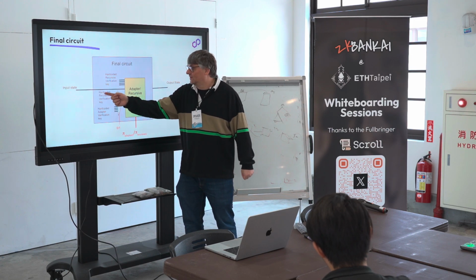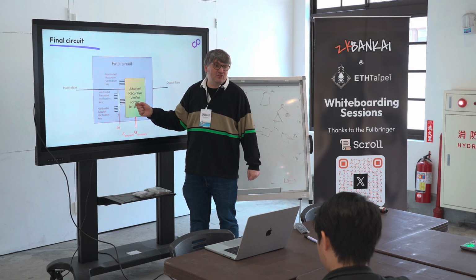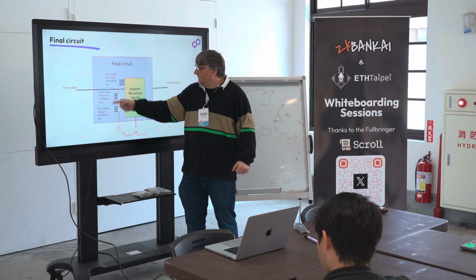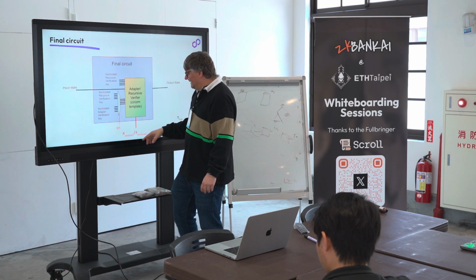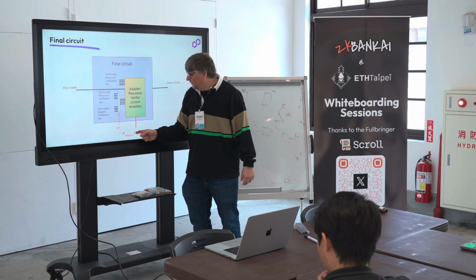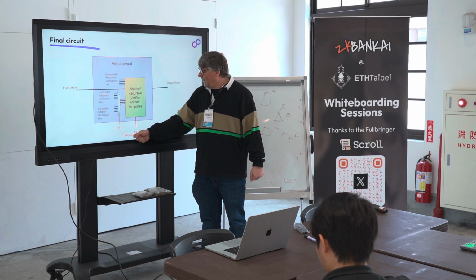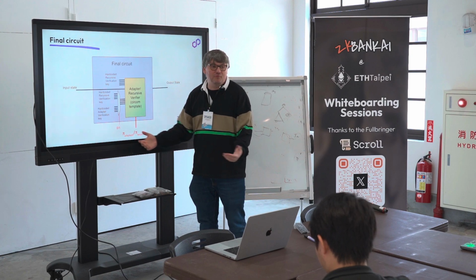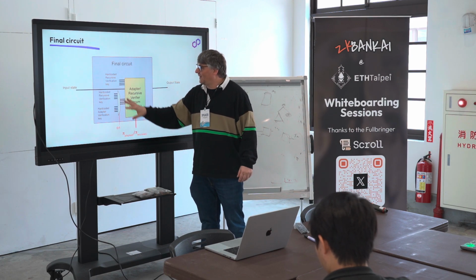Here I hard code the verification key of the aggregated circuit of the two circuits. I put it here, and then I have a circuit with exactly the same structure that I had in the beginning. As an input, I can put either a type 1, a batch proof, or an aggregated proof, 0 or 1.